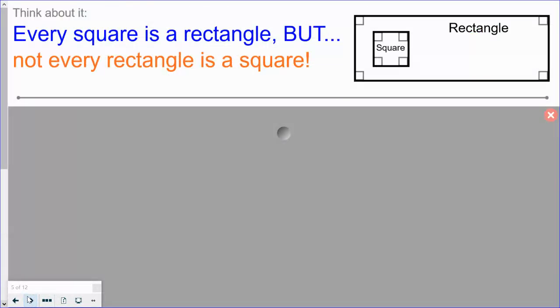So let's think about something and kind of put this together. Okay, so every square is considered a rectangle because a rectangle has 4 right angle corners. But not every rectangle is a square because a square then means you have to have equal sides. So a square can be both, but a rectangle can only be a rectangle.